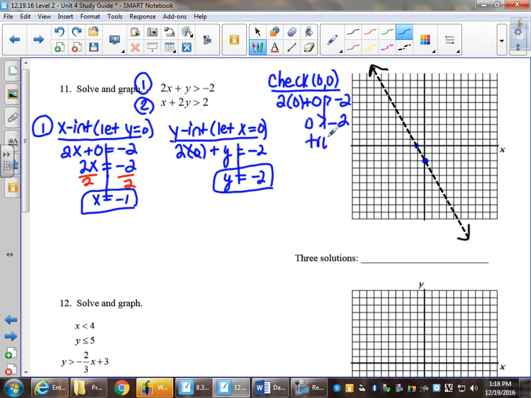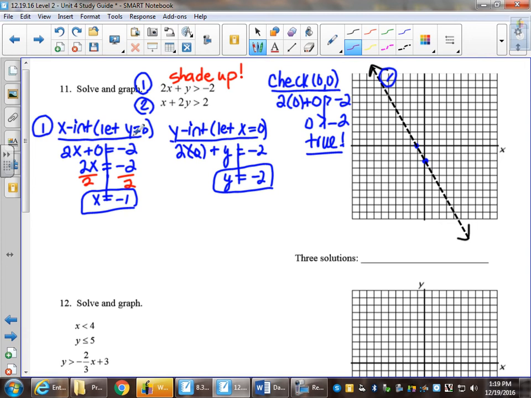That's true. So it means we're going to shade, this is line 1. We're going to shade the side that 0, 0 is on. Here's 0, 0. So for this line, it means we're going to shade above. Or shade up. Because that's the side 0, 0 is on.